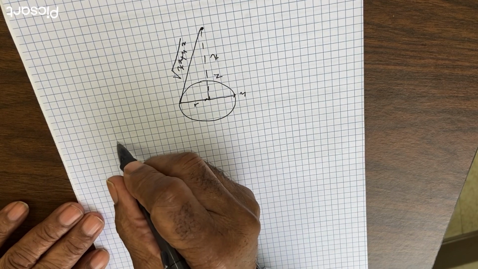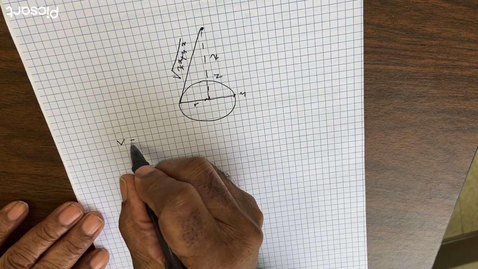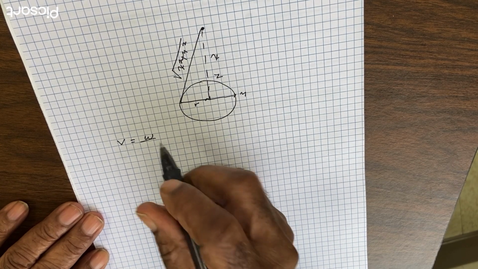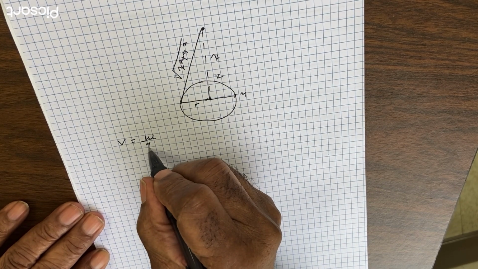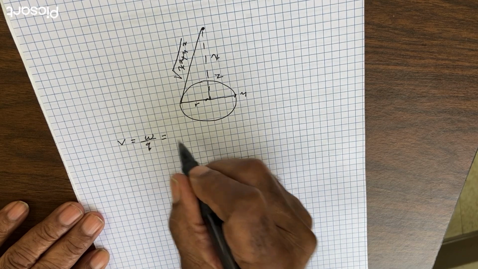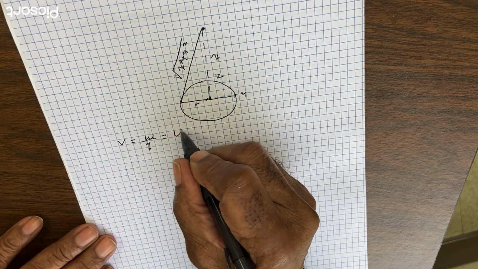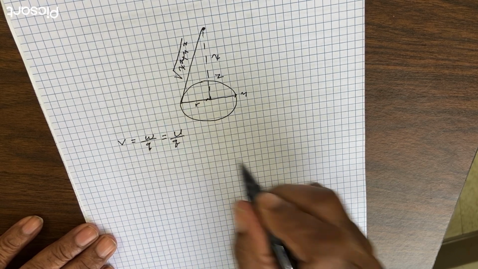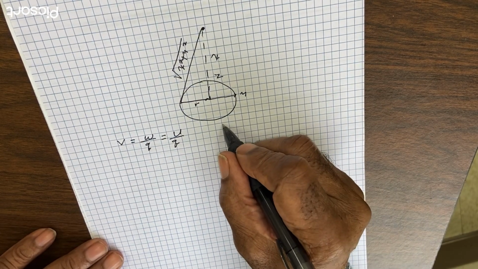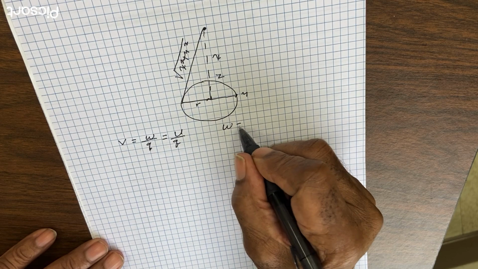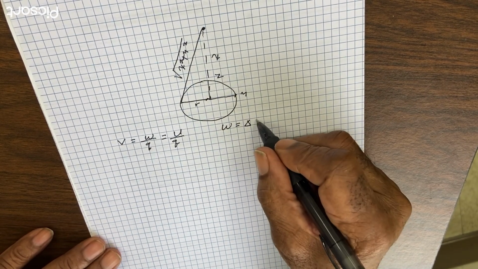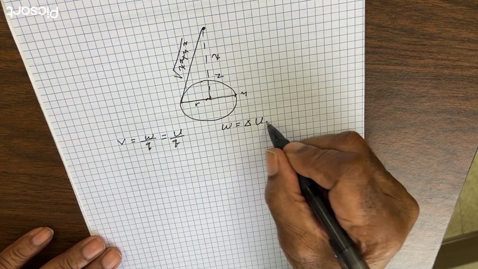We start by knowing that V is equal to work over Q, which equals potential energy over Q. And also work is equal to the change in potential energy.